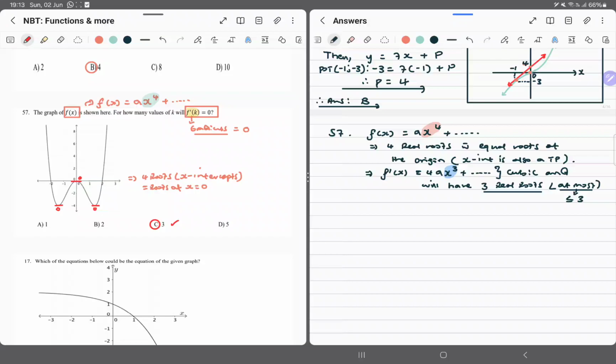But have you ever seen a cubic function with no real roots at all? You will never see that one. There will always be at least 1 real root. So for a cubic function, the number of roots can either be 3, 2, or 1, but can never be 0. There's no cubic function that has 0 real roots. I have never seen one, or at least I cannot imagine one.